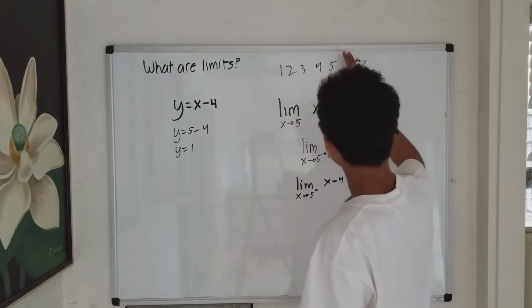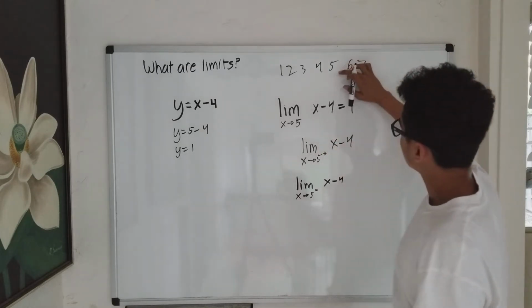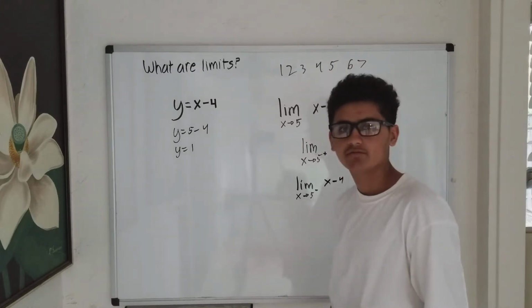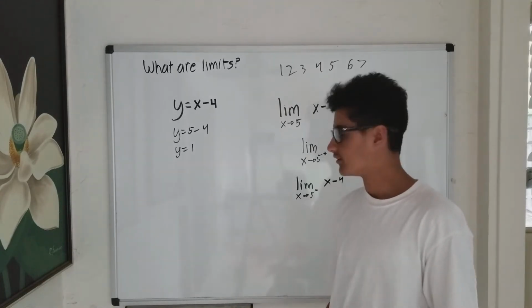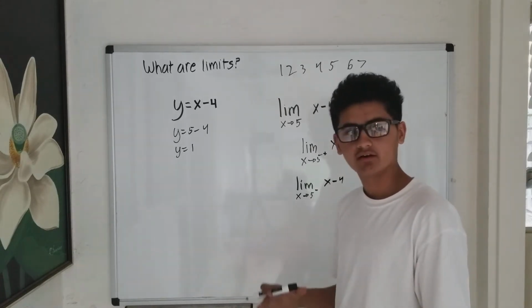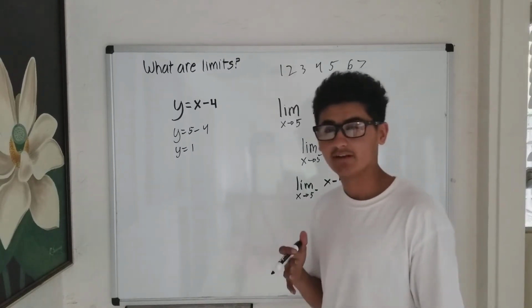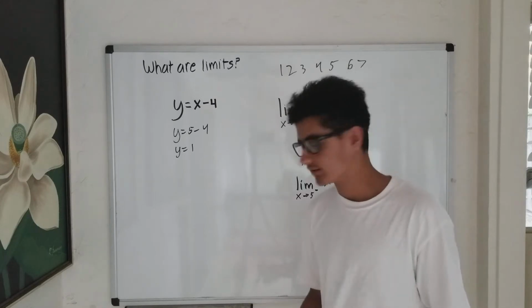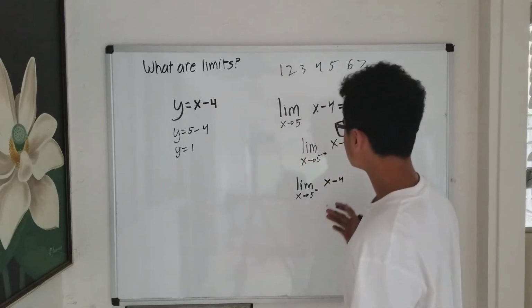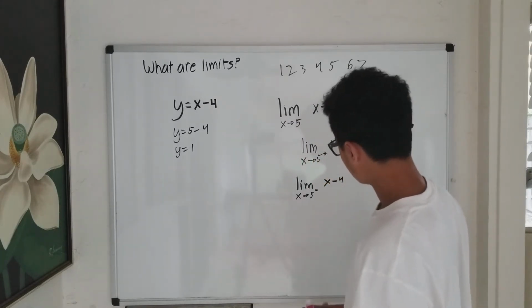Again, this means the complete opposite. It's going to mean values like 4.9, 4.8, 4.7 for just this case. But remember, it doesn't always work that way for all cases. It's not always going to be 4 point something; it depends on whatever you're trying to approach from the x side. So that's basically simple notation for limits.